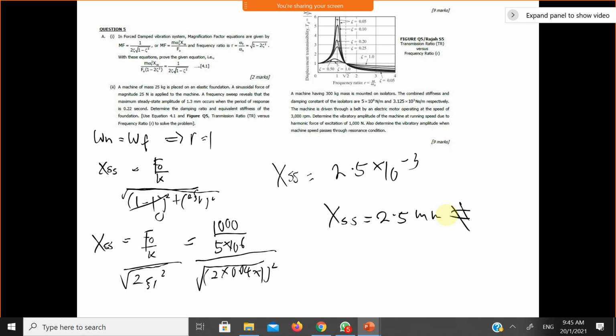Alright, so macam mana dia boleh sama tu? Sebab disebabkan angin yang kuat ataupun keadaan cuaca yang teruk menyebabkan natural frequency dia boleh mencapai pada tahap frekuensi yang sama nilai dengan frekuensi of the system.